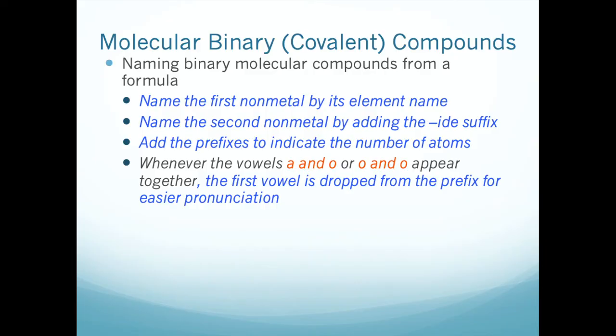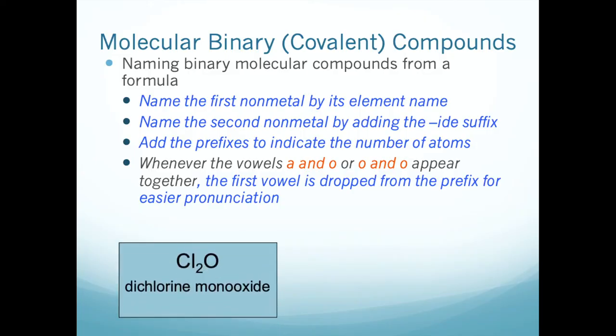So typically, when you have vowels together like this, like an A and an O or two O's, you drop the vowel in your Greek prefix. For example, here we have dichlorine, and we have one oxygen. Instead of saying monooxide, because that's kind of awkward to say, we drop an O and we just call it dichlorine monoxide. So we drop the O from the mono to make it monoxide.